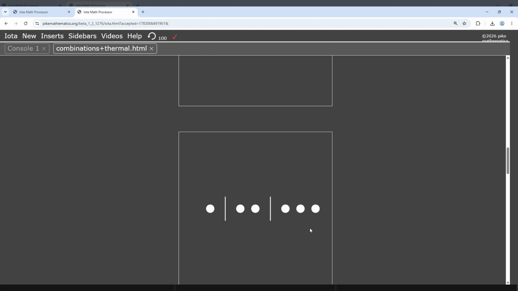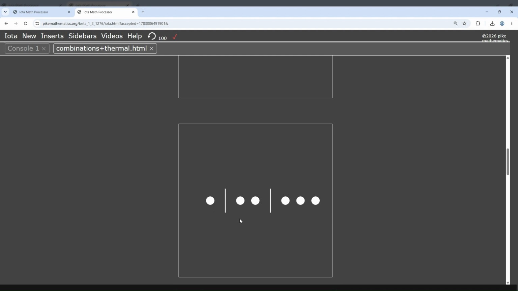Now, each one of these possible ways to organize the energy units is what's called a microstate. What's important to understand here is that when you're doing an example like this, you have to think about how many positions you need in order to arrange these energy units. Obviously, you need a spot for each energy unit, and then you need a spot for all these partitions.